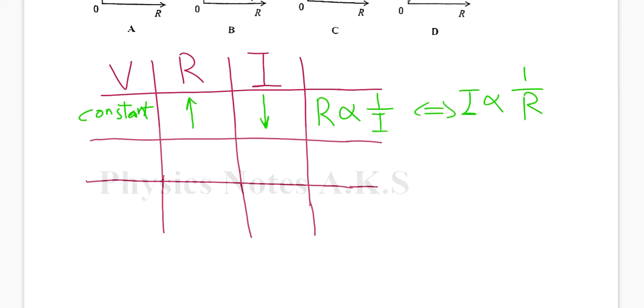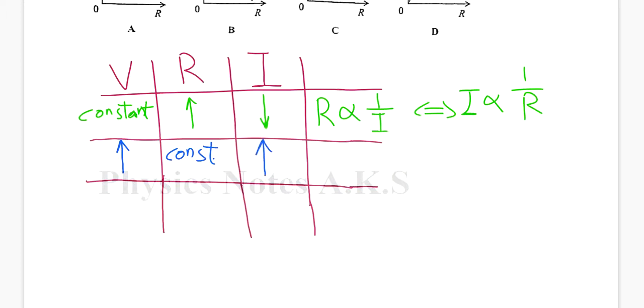Okay, now when the resistance is constant, at a constant temperature, this is Ohm's law. When the potential difference increases, the current will increase.